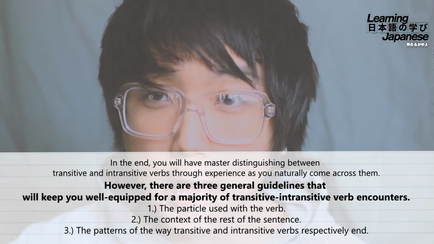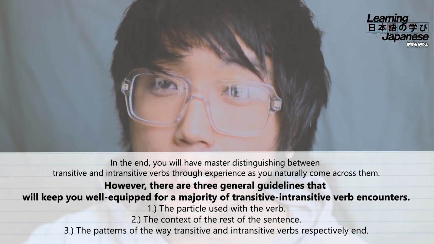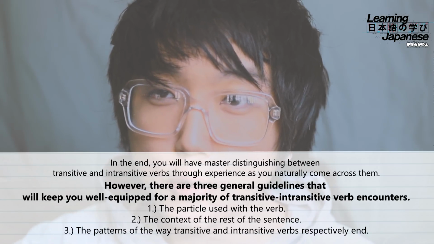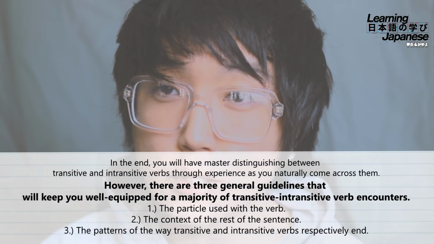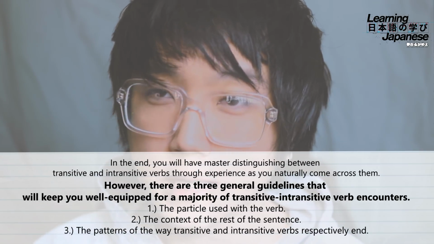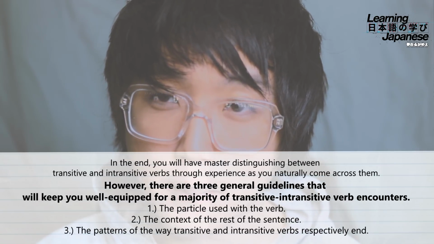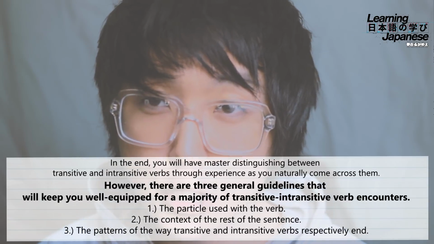it up in the dictionary. And with that said, we are now going to segue into 3 guidelines, or cheat codes or tips, to keep you well equipped for a vast majority of these transitive, intransitive pairings you will encounter.